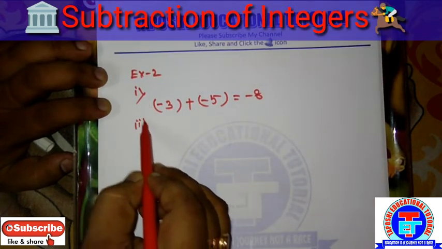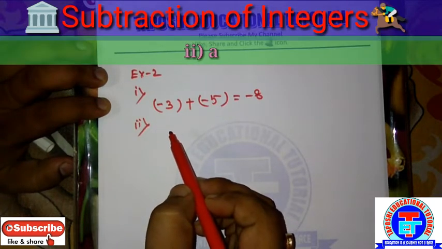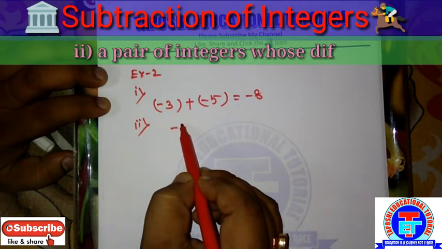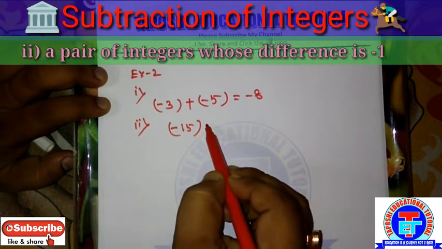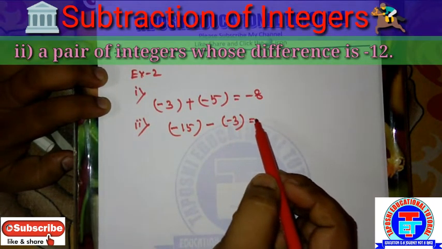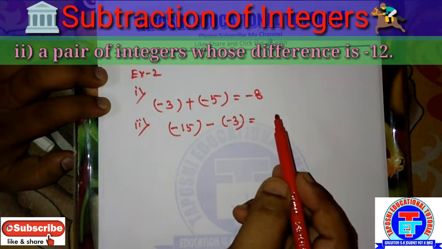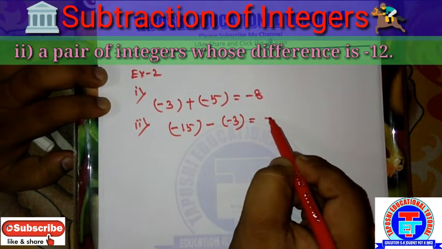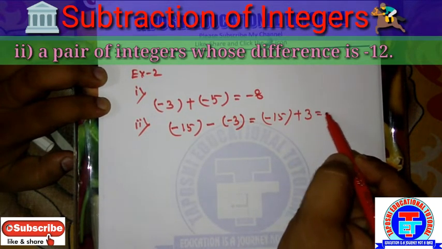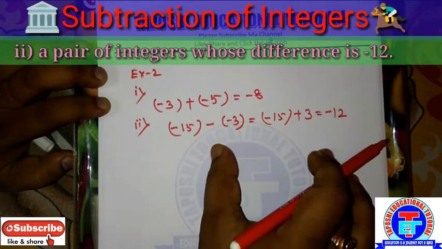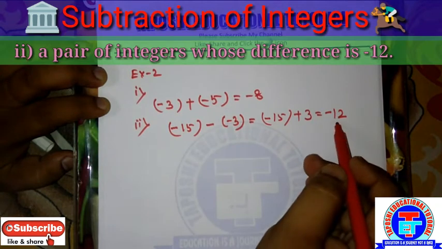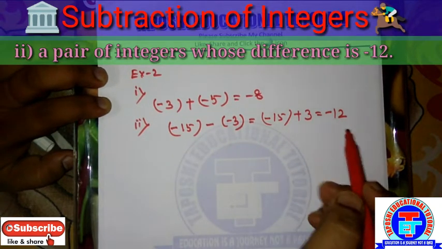Number 2 says a pair of integers whose difference is minus 12. A pair of integers: minus 15 is the integer and the difference with minus 3. So it will become minus 15 plus 3, that means minus 12. So here is a pair of integers whose difference is equal to minus 12.